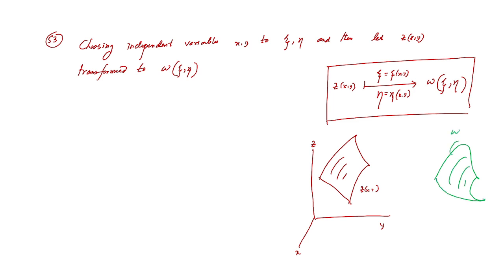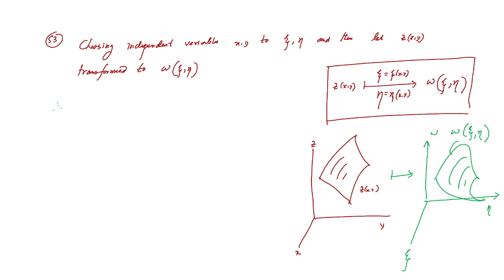This may be omega of xi, eta. So to reduce it to the canonical form, we have given the transformation.